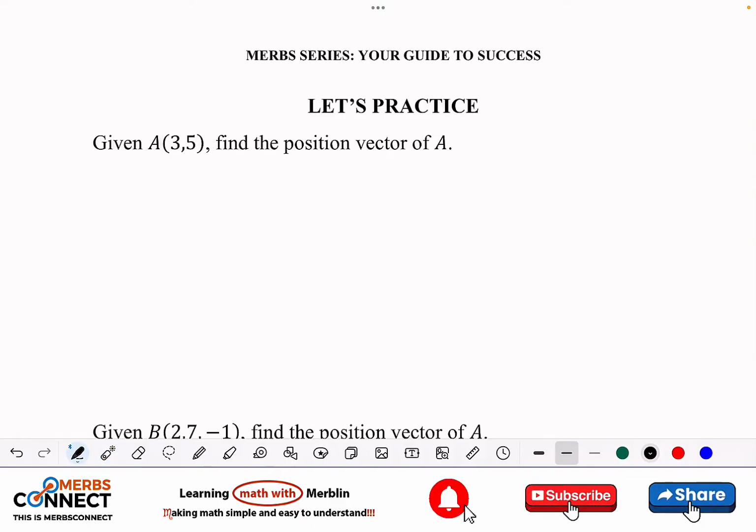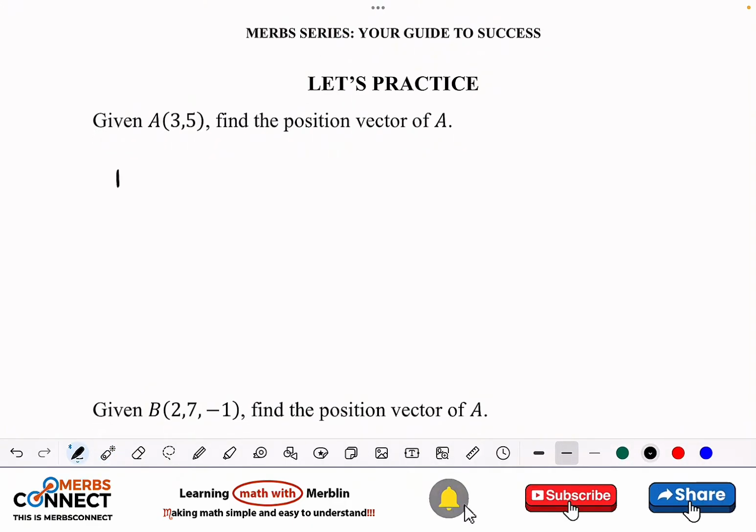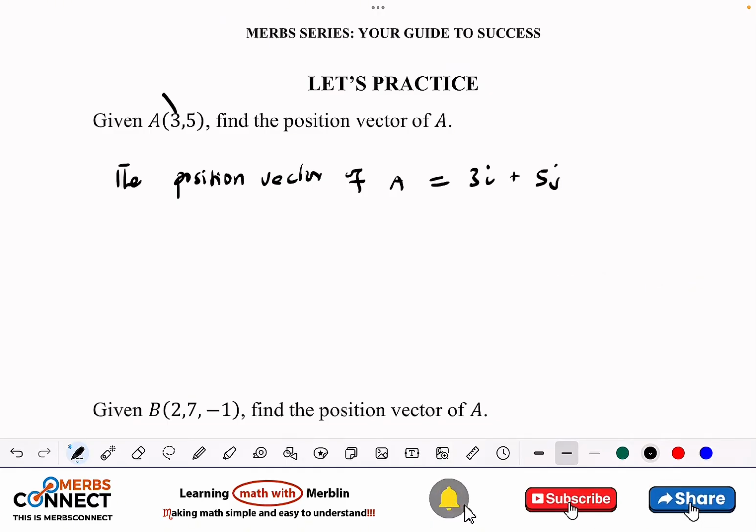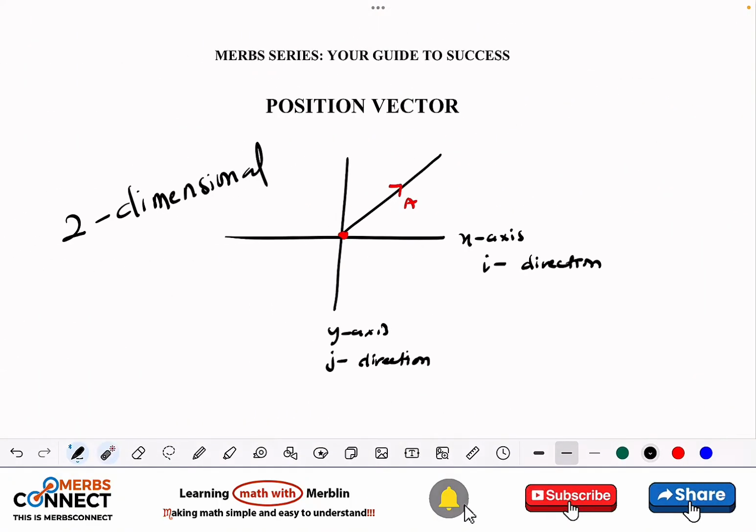It's very simple. The position vector of A is equal to 3i plus 5j. Remember, this coordinate here is x and this coordinate here is y. The x-axis, which is the coordinate for x, goes with i, and the y-axis goes with j.